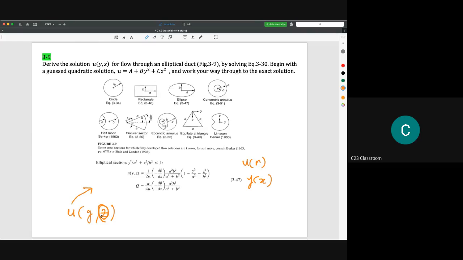So why do they use Z? Because for example, we have an elliptical shape, the ellipse. So we have this shape, and this is the length of this shape. Let's say we draw like this.